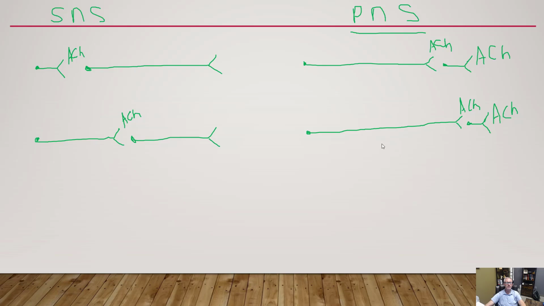Anything that releases acetylcholine, we call those cholinergic neurons.